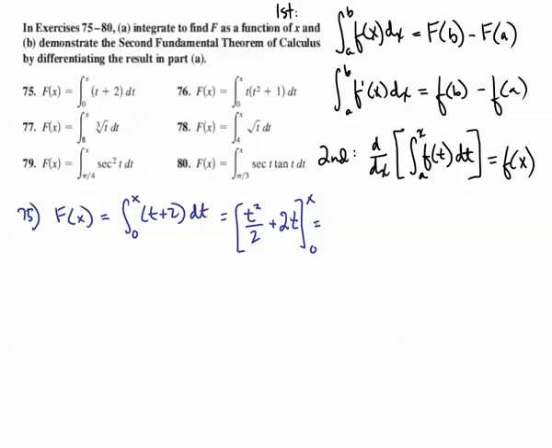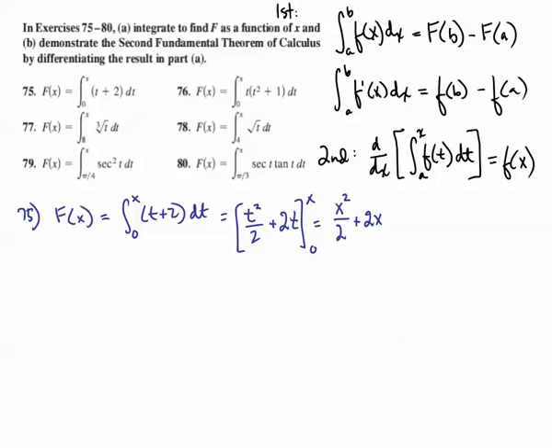We want to evaluate that antiderivative at the upper limit. That's x squared over 2 plus 2x. And then when we plug in 0, we're going to get 0 on the other side. So that is the function f of x. Now, the instructions say integrate to find f as a function of x.